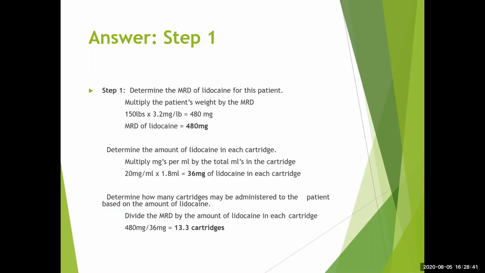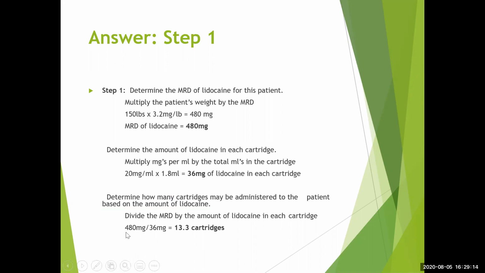Next, we want to determine the amount of lidocaine in each cartridge. We've got a 2% lidocaine formulation. Remember, 2% lidocaine is 20 milligrams per milliliter, and then we multiply that by the milliliters in the cartridge, 1.8, and we find out that there's 36 milligrams of lidocaine in each cartridge. The last thing we want to do to determine how many cartridges of lidocaine we can give this patient is divide our MRD by the amount of lidocaine in each cartridge.